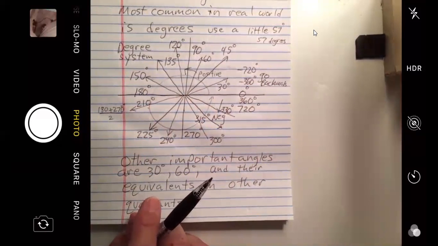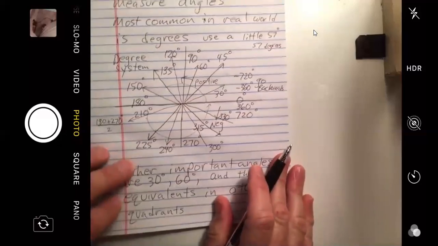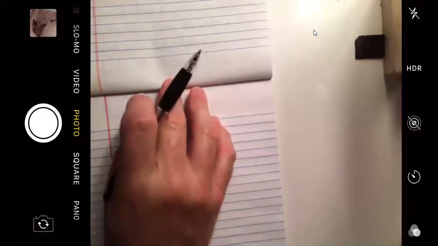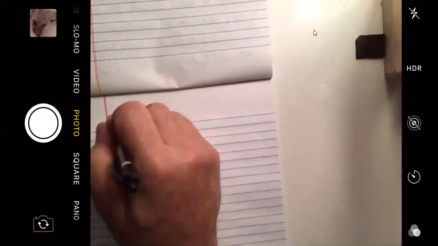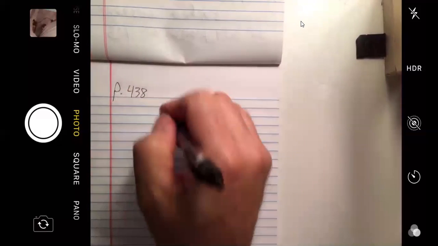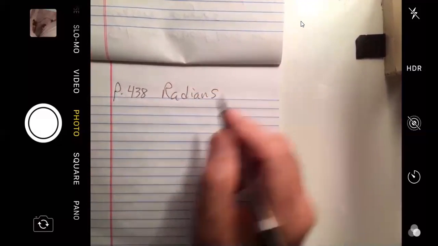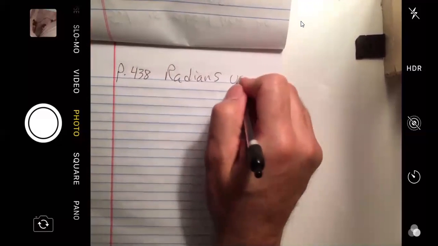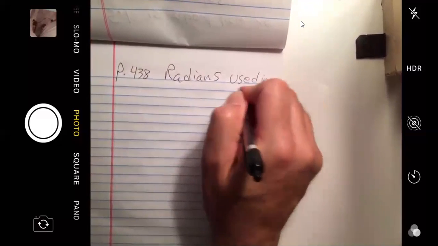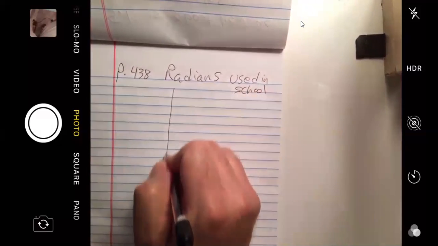I don't know if the book just sort of assumes that you know the degree system, but I like to remind everybody of it because they're going to start on page 438 with radians. This is what's used in school. Same diagram.